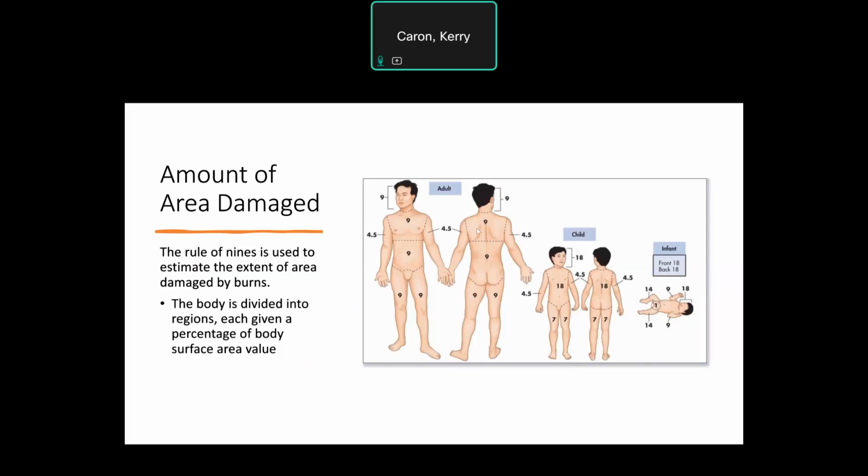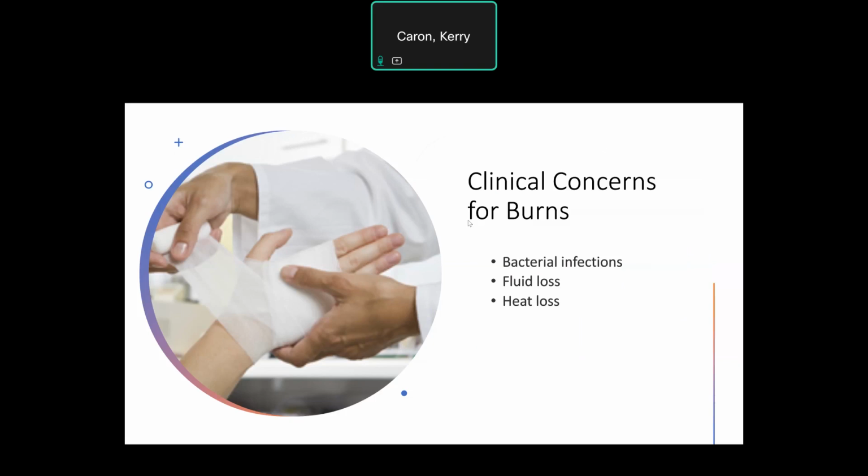This is a guide, and on a child or an infant, there's less forgiveness for body surface area. And clinically, we want to be concerned. Obviously, our protection is gone, our skin layers are gone. So bacteria, fluid loss, and heat loss.